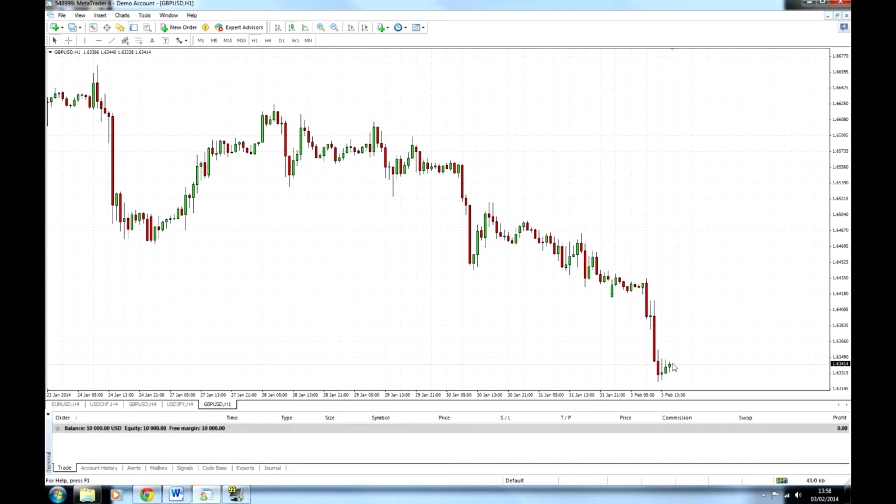Now, as this changes, what is the reason that it changes? The reason that the price changes all the time is mainly political. One of the reasons might be that, let's say, Cameron decides to step down.